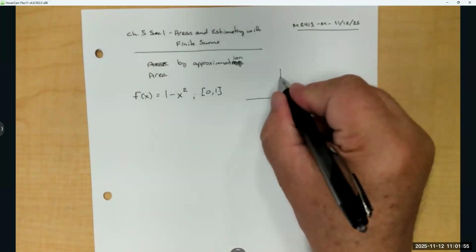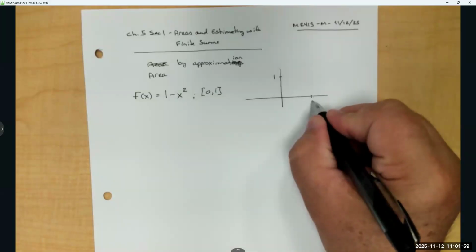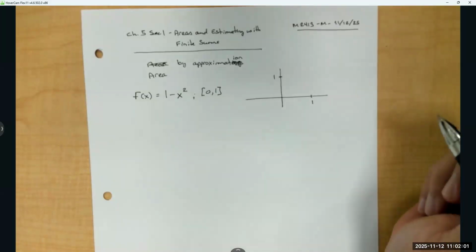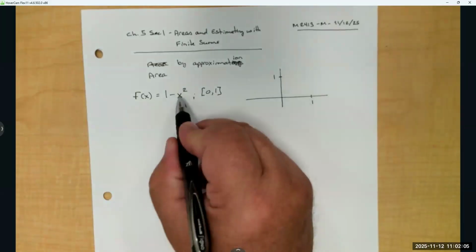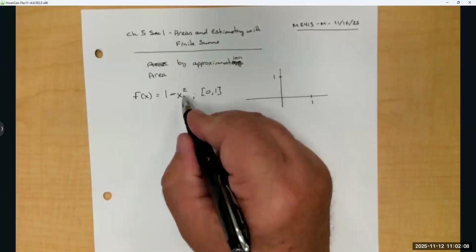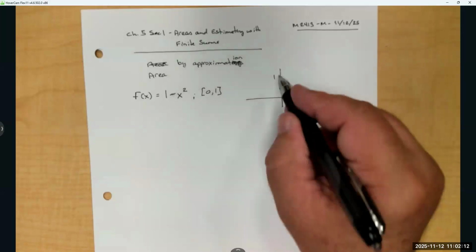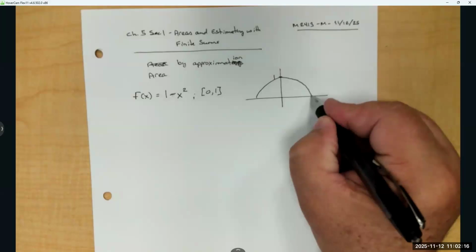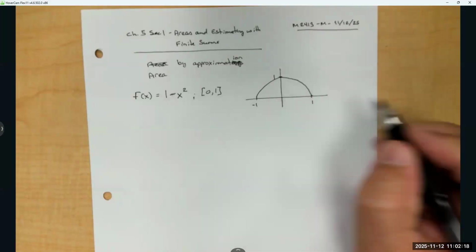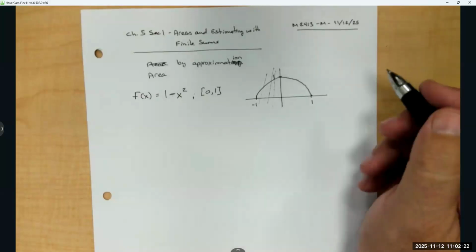When x is 0, y is 1. When x is 1, y is 0. So as we see, this is obviously a quadratic equation pointing down, shifted up 1. So it looks like this. But we're only going to look at the positive side.